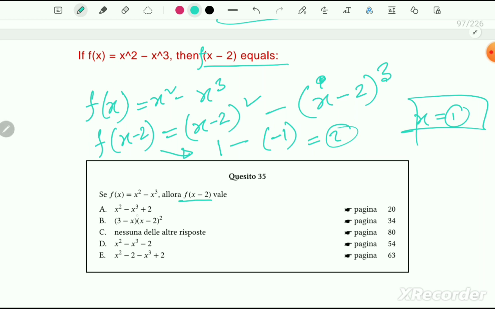Now the value of x we can input into the options. For example, if we input in option A, then it gives us 1 minus 1 plus 2. So this A is our answer.